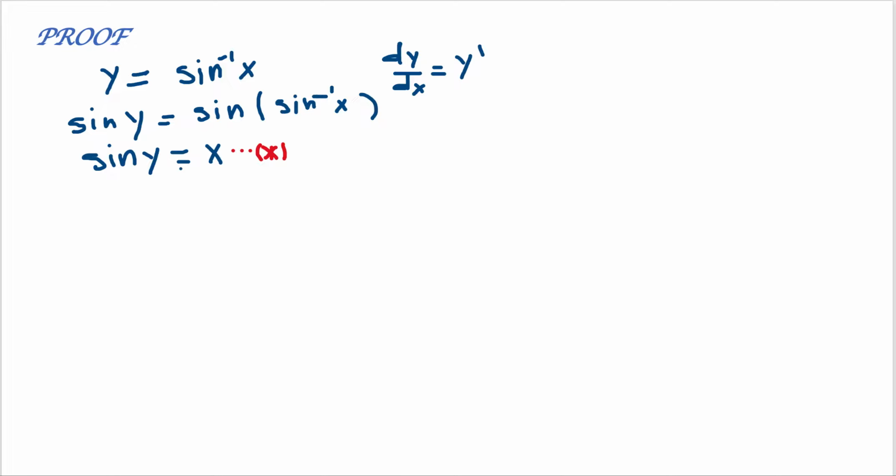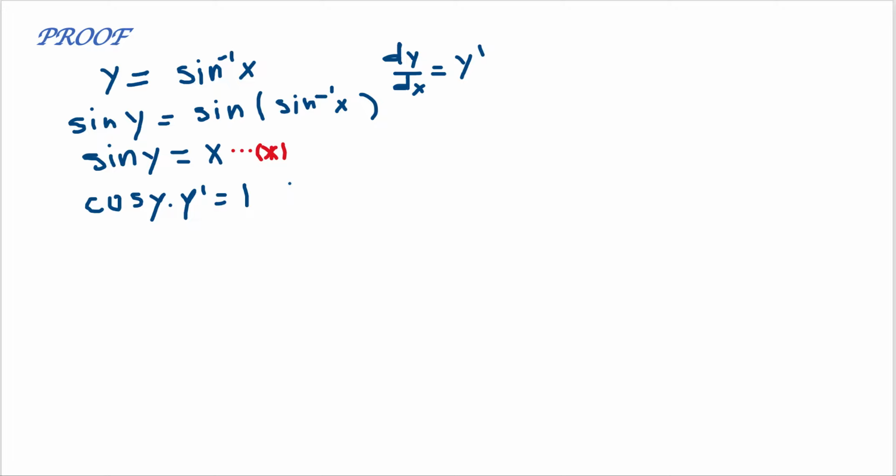And now let's take the derivative of this equation. If I'm taking the derivative of this equation, the derivative of sine y is going to be equal to cosine y times the derivative of y, which is equal to, if I'm taking a derivative with respect to x, the derivative of x, which is just 1.